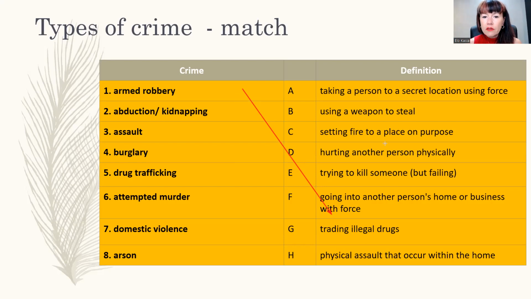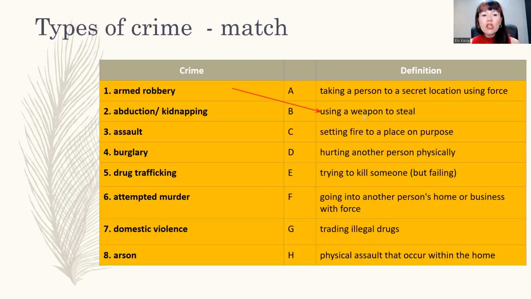No, that's not the right one. Hold on, it's actually that one there. Armed robbery, we have that one with somebody who has got a gun, yes? So using a weapon to steal, that's armed robbery. You can go into another person's home or business with force, but here you have one with a weapon.